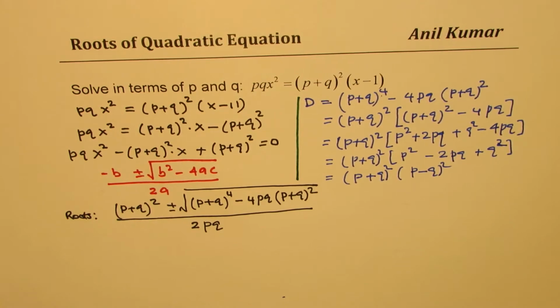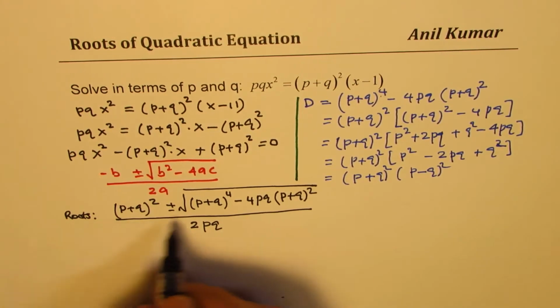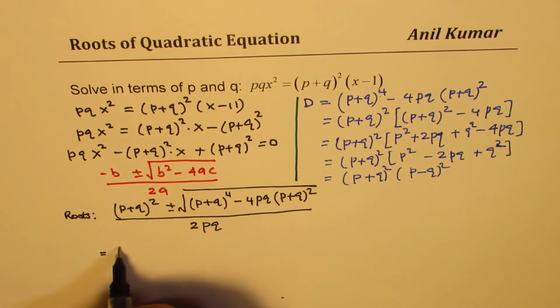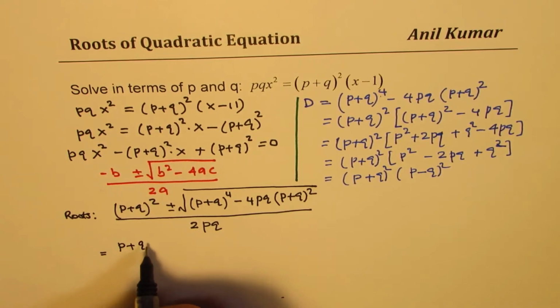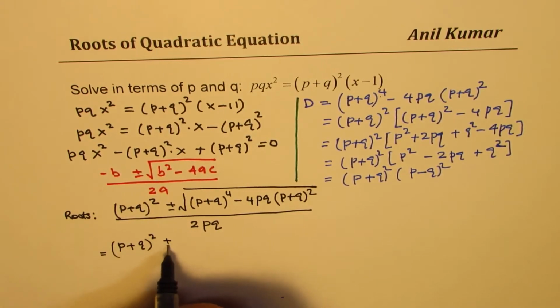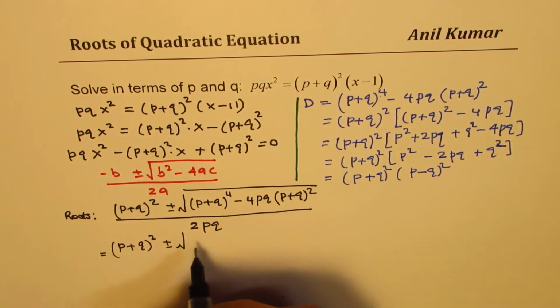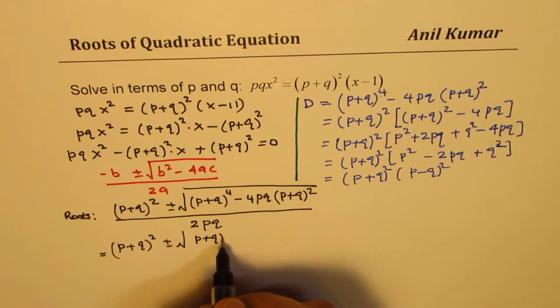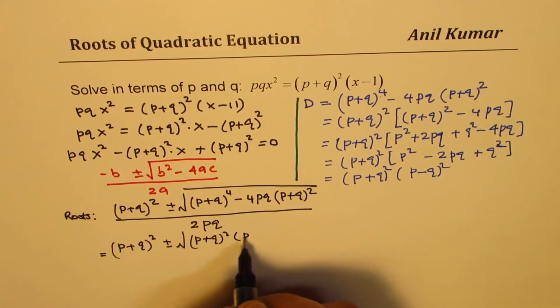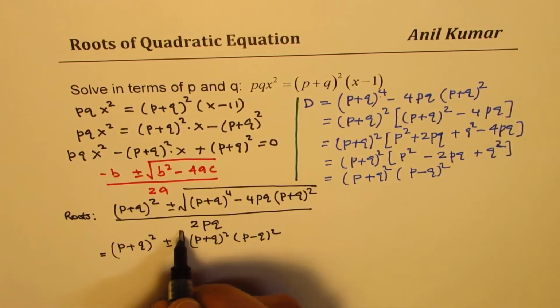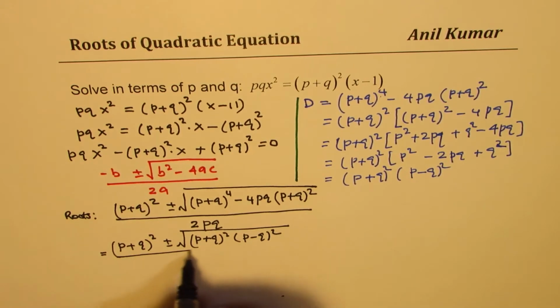So in this case, we could say that the roots are (P+Q)² ± the square root of these two squares, which is (P+Q)² times (P−Q)², divided by 2PQ.